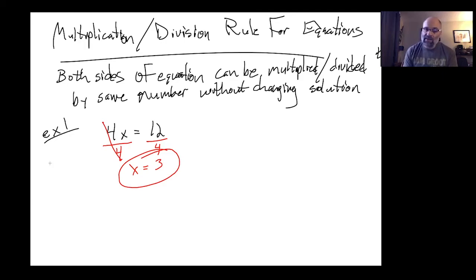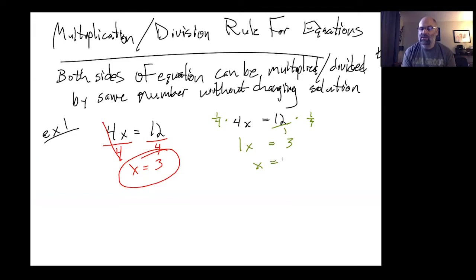All right. But this is solving this easy equation with our new tool. Now there's another way to do this, believe it or not. 4x equals 12. You could do something else to get rid of that 4. If you multiplied by 1/4, what's 1/4 times 4? 4 over 4. Yeah, which is just 1x, right? And then what's 12 times 1/4? 12 over 4, which is 3.